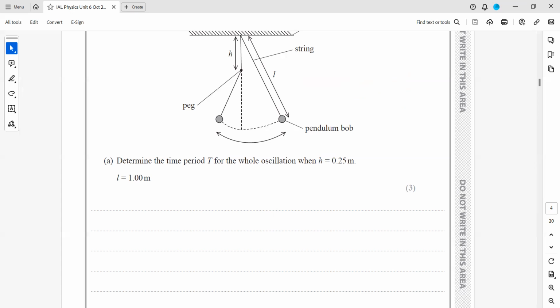So first we'll use the formula T equals 2 pi under root L divided by g. That is for the long pendulum. And then for a short pendulum, we use the same formula, T is equal to 2 pi under root L divided by g, and then we'll take an average.